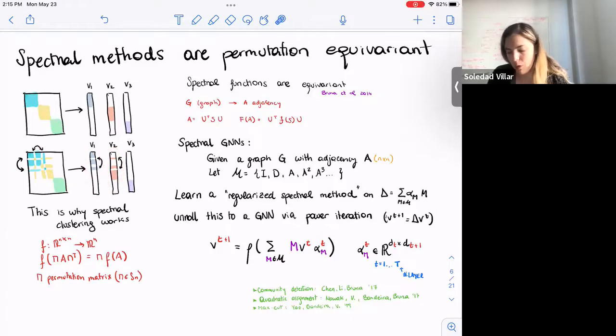And this is a reason why, say, spectral clustering works. And we can define spectral functions on graphs as equivariant functions.